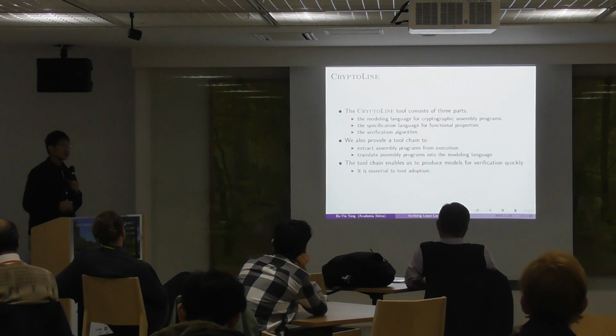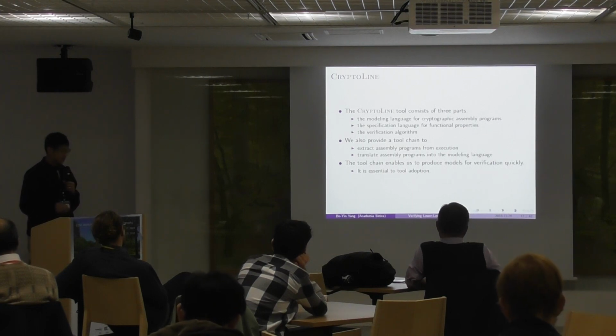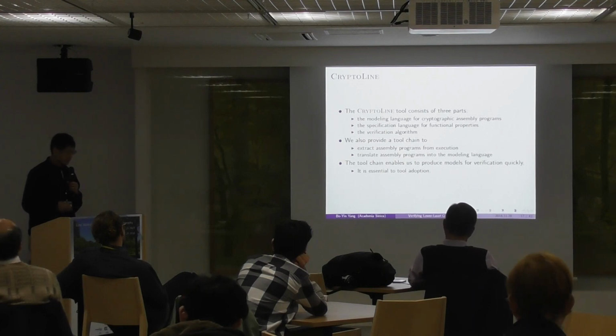Okay, so we produce a tool chain which we call CryptoLine. It has 3 parts. There's a modeling language for cryptographic assembly programs, there's a specification language for functional properties, and there's the verification algorithm. We also provide a tool chain to extract assembly programs from execution using GDB, and we translate assembly programs into the modeling language.